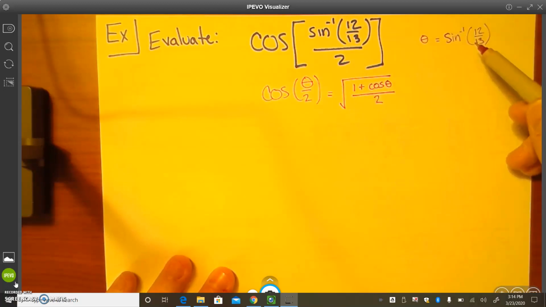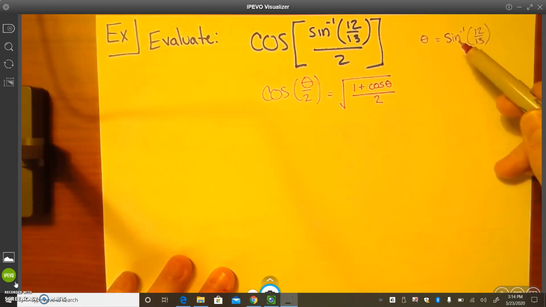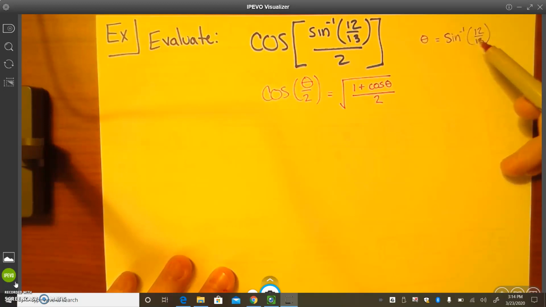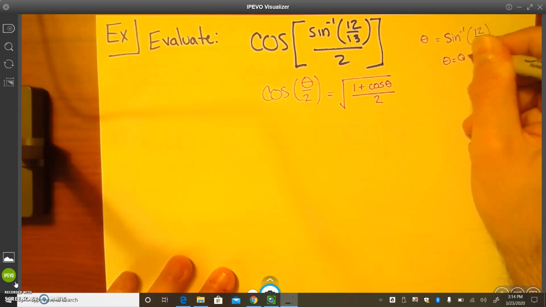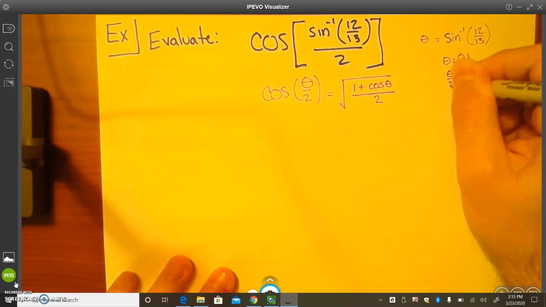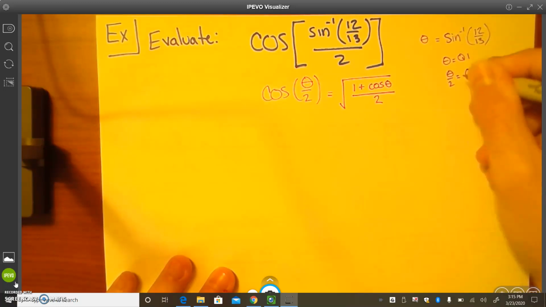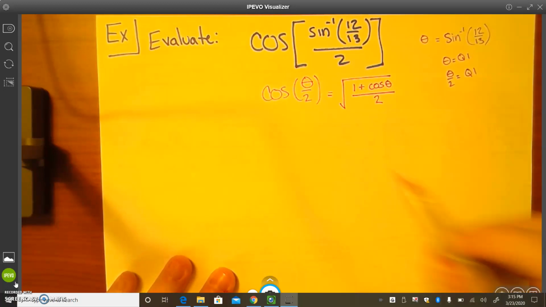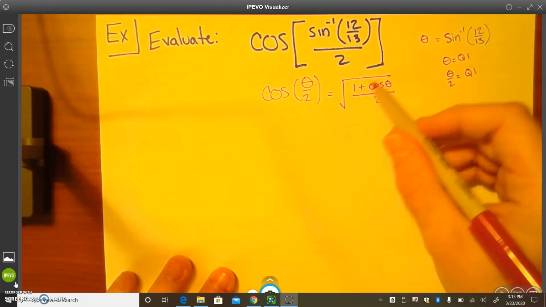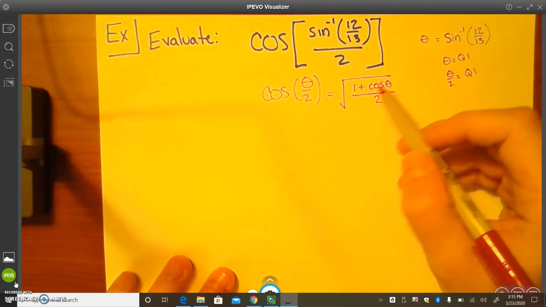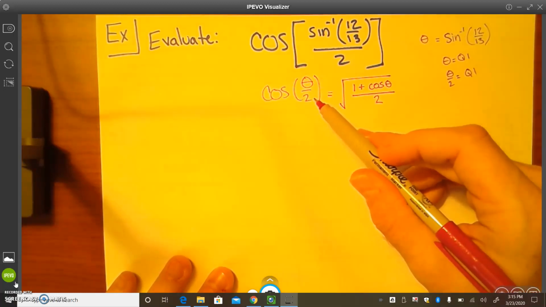Well, go back to sine inverse. Sine inverse only lives in quadrants 1 and 4, and because it's positive, we know that this has to be a quadrant 1 angle. So if theta is in quadrant 1, then theta over 2 has to be quadrant 1 as well. So we're going to keep this a positive root. Now, again, how do I get cosine theta if all I know is cosine theta over 2?